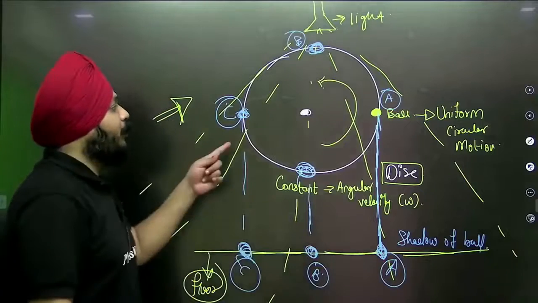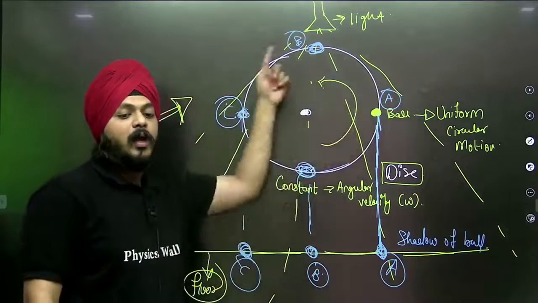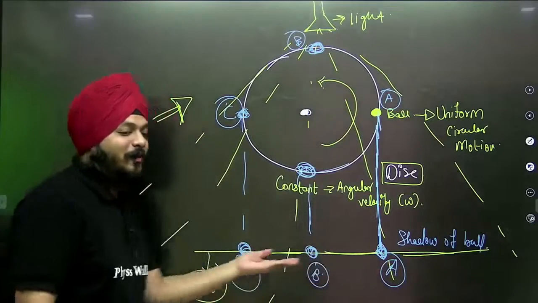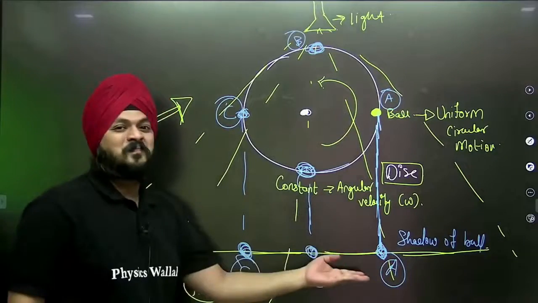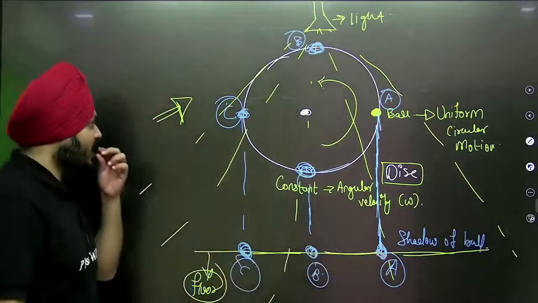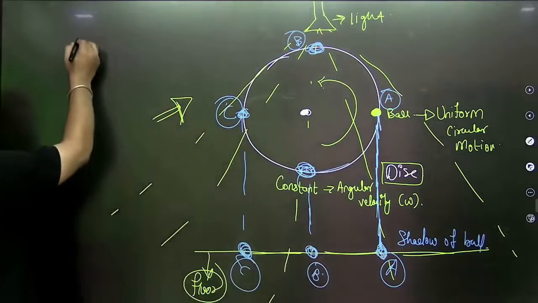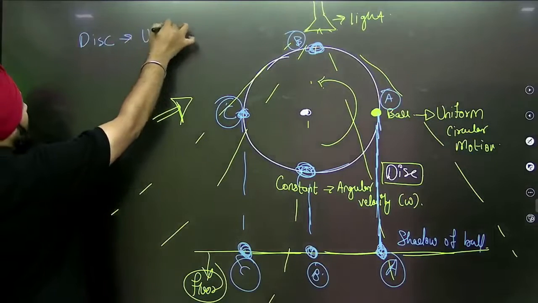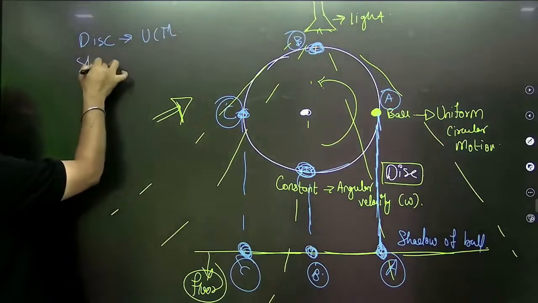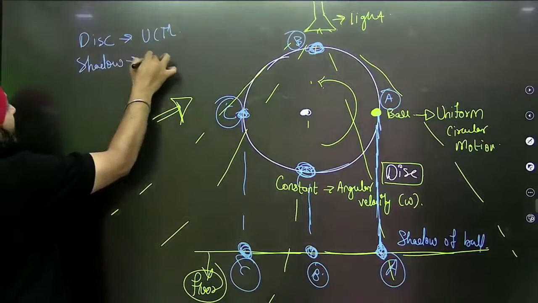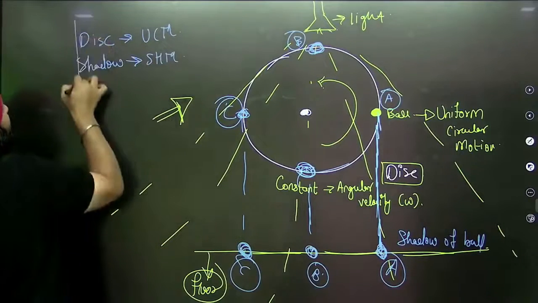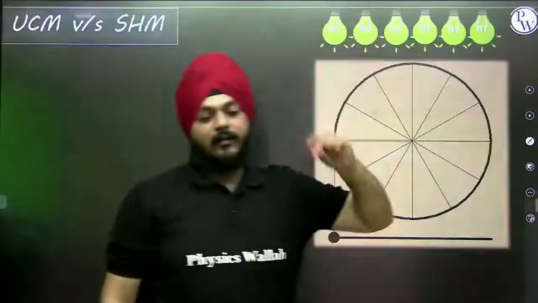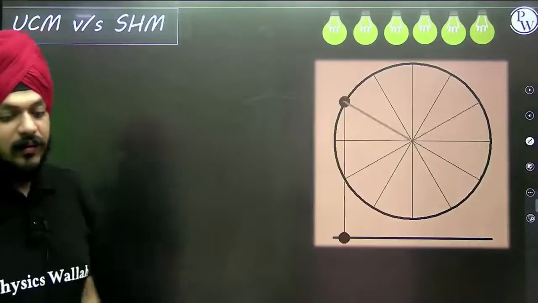You can understand the ball on the disc is performing uniform circular motion, but its shadow is performing SHM. Disc: uniform circular motion. Shadow: SHM. That's an example of it.